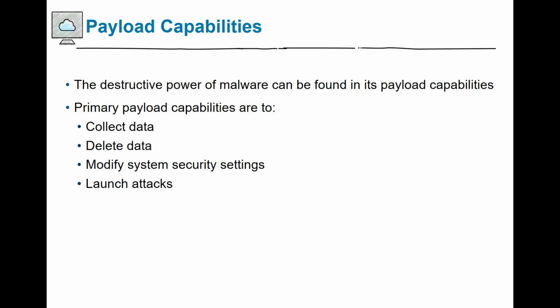That'd be very destructive. It may modify security settings so that other software can be installed or can get in there. It may also control that computer to the point that you're launching attacks against other ones. So you may want to control every computer on Peru State's campus so we can do a variation of that ping attack, but from every computer on Peru.